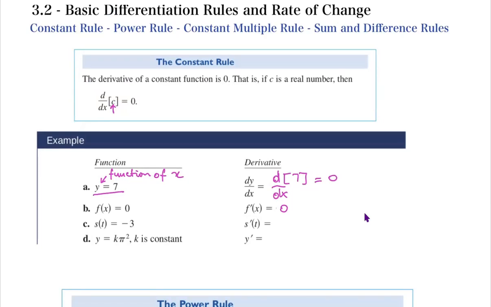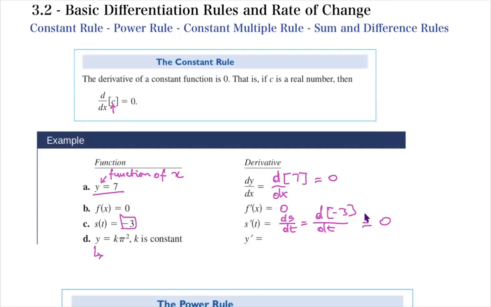Now the derivative of s with respect to t, which is s prime of t, or ds over dt: the expression -3 does not have t, or you can say it is independent from t, so this would be d(-3) over dt, no t involved, so that's 0.